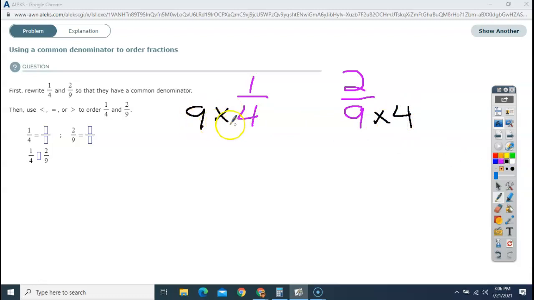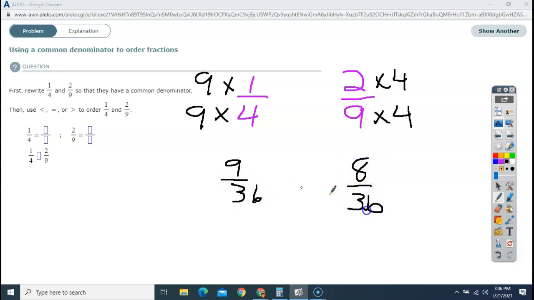So times 9 is what I have to do on this side, and times 4 is what I have to do on this side. When I do that, I get 9 over 36 versus 8 over 36. And so 9 over 36 is greater than 8 over 36, which means 1/4 is greater than 2/9. All right, that's it.